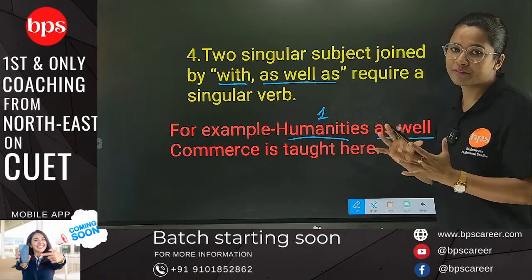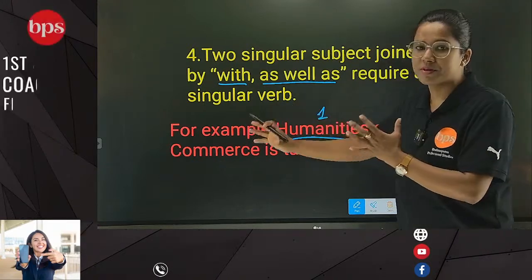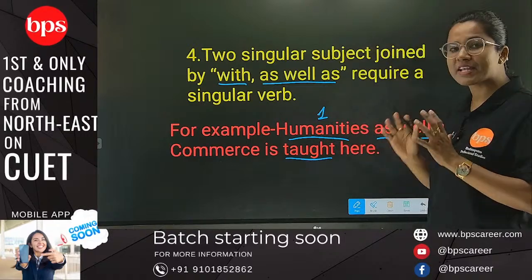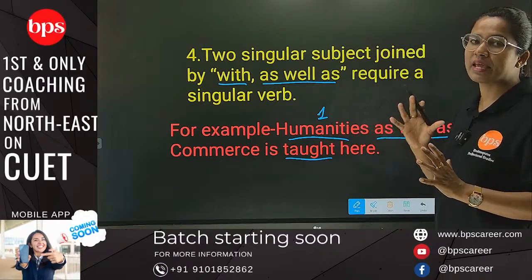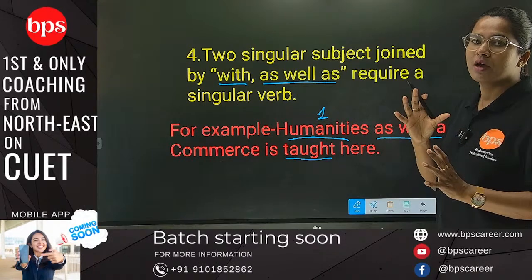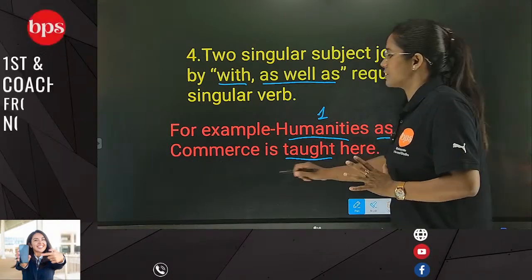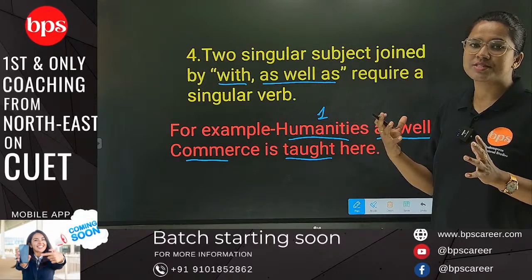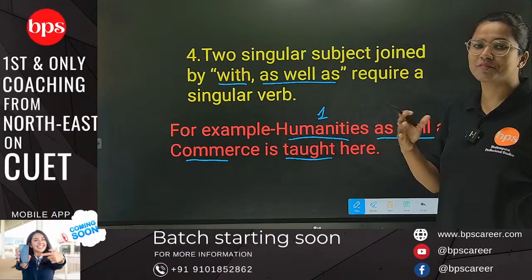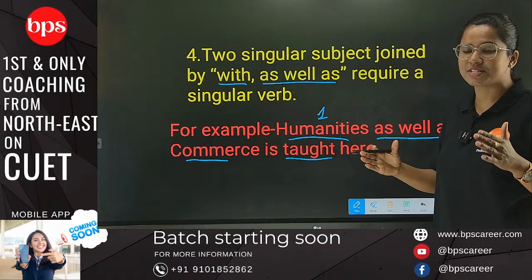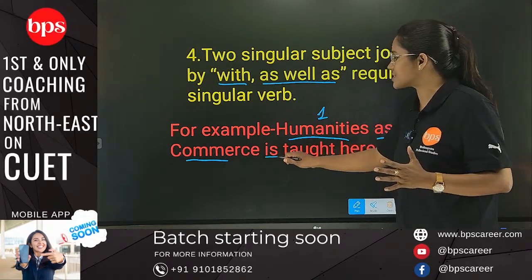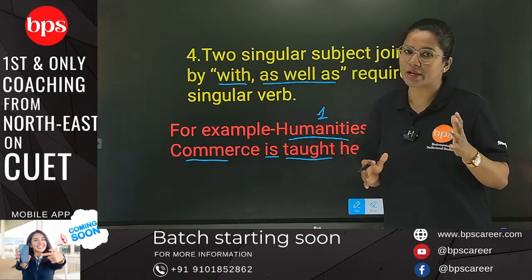Somewhere or the other, humanities and commerce are joined with the concept of being taught, but irrespective of their stream or domain, they are different. The concepts are different. Both of them have a singular identity, and so we will go here with the singular verb, that is "is". So I hope you all understand.